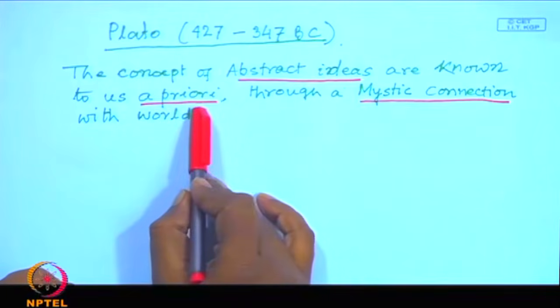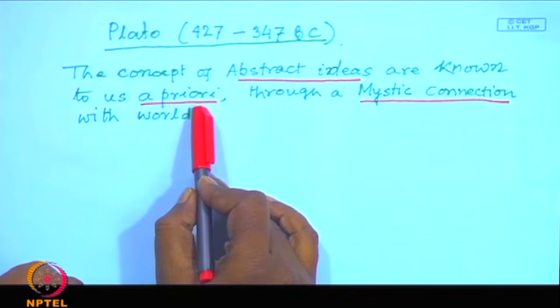This concept is an abstract concept, and I can identify these because this knowledge is already available to me a priori. So, I am making use of this a priori knowledge to recognize these two pictures. That is why these two terms, abstract ideas and a priori, are very, very important.